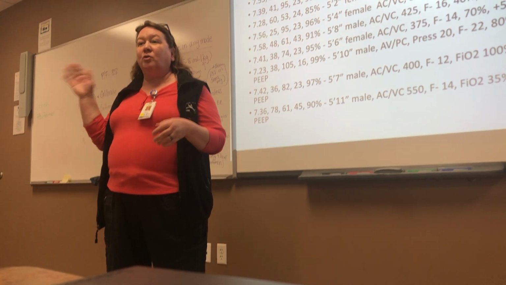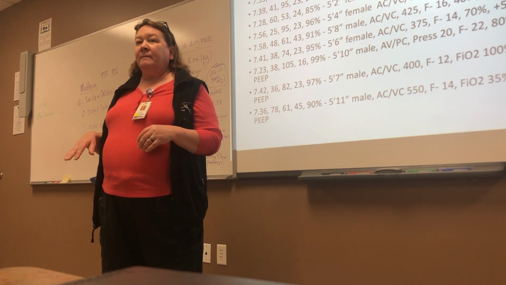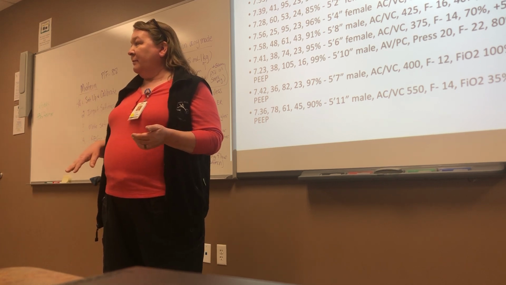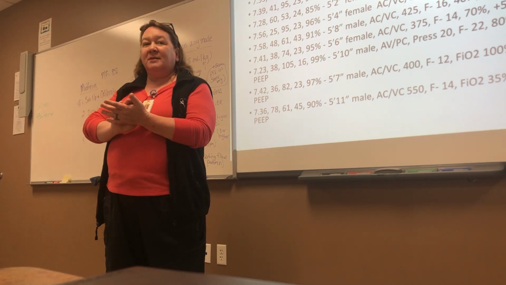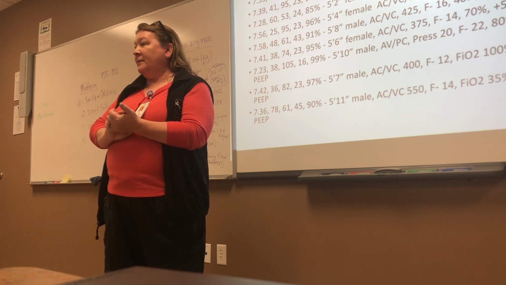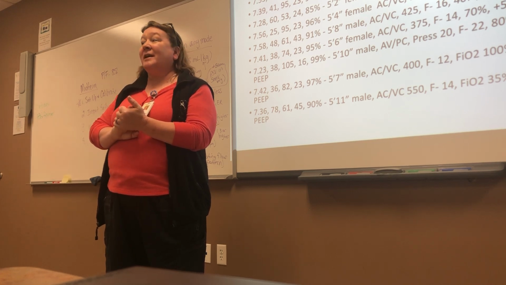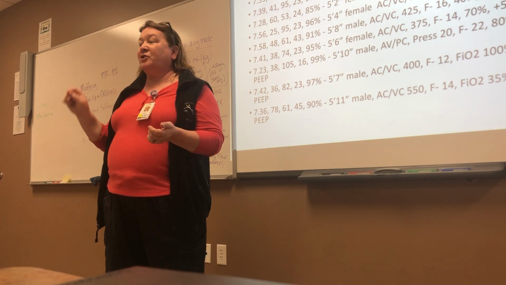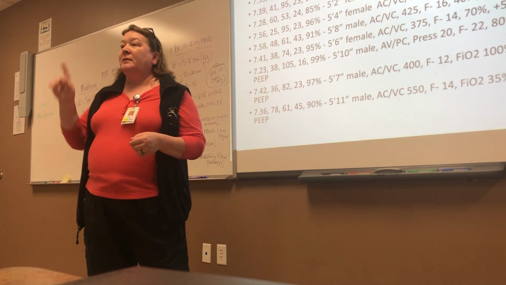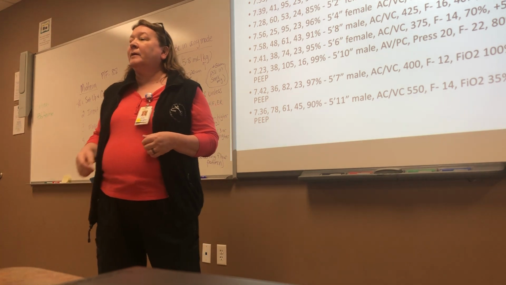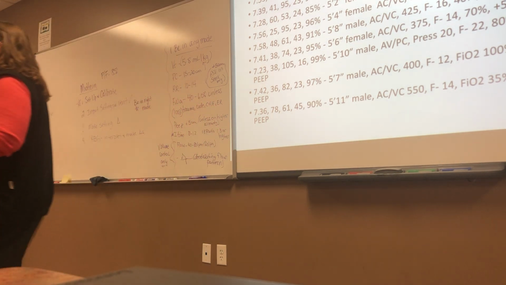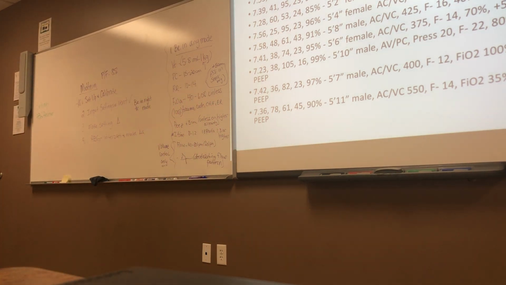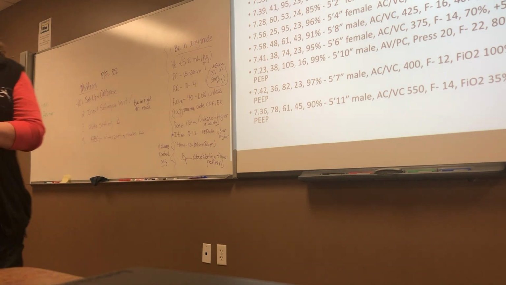Like the Servo has no low volume, has no low pressure, because it automatically defaults to the setting, so you're not going to set it. So if you don't set it, you don't write it. If it's not on your vent, when you're doing your vent check, you would just put NA. If we get the G5, we'll get the sheet. Yep, you don't have to memorize that, but you do have to follow the sheet. You'll be able to have the sheet.